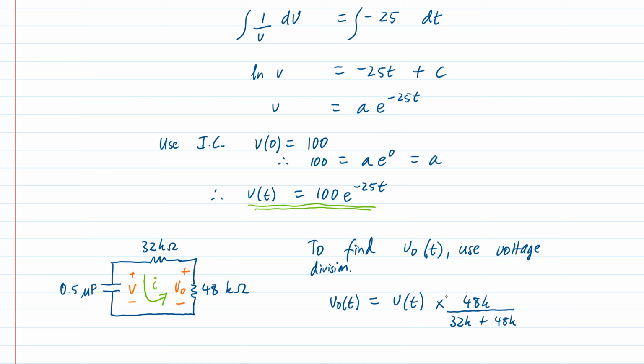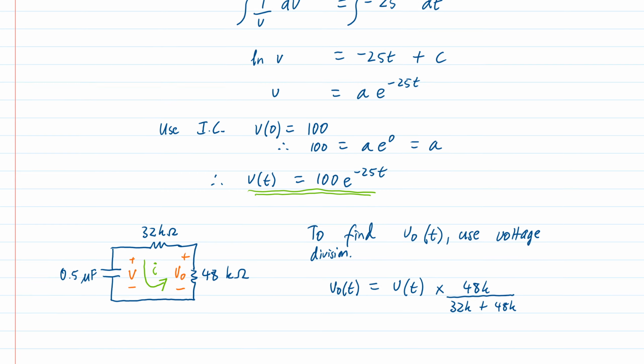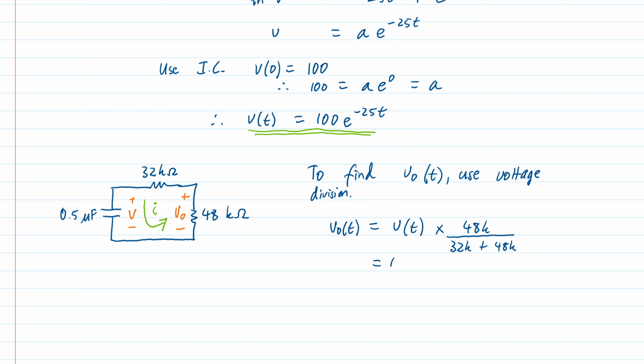So 48 divided by 32 plus 48 is 0.6. So it is 0.6 times V of t, and we sub in what we know about V of t. That's this equation here. So 0.6 times 100 is just going to give me 60. So the answer will be 60 e to the negative 25t.